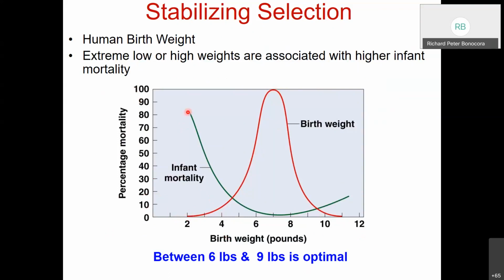So these individuals just don't survive, and that drops precipitously until we get down to an average of around 7 pounds, but then starts to increase again as the birth weight increases. So this is an example of stabilizing selection. The extreme phenotypes get eliminated, and we really just have this moderate or middle birth weight that survives.